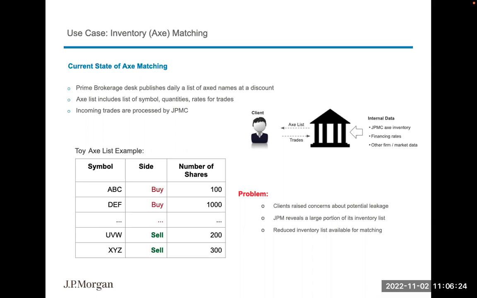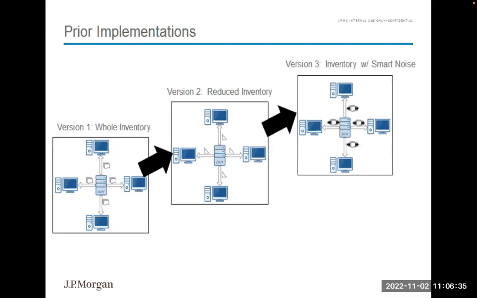And of course, as I said, this is a part of our inventory, but still, it has some extra leakage from the JP Morgan side, right? Because it's a reduced inventory, but still, there's some leakage, okay? So this is our whole inventory, the reduced inventory, and then a solution that we also have in production, which I'm not going to talk about in this talk, is that we were also trying to reduce this leakage that the clients raised using differential privacy.